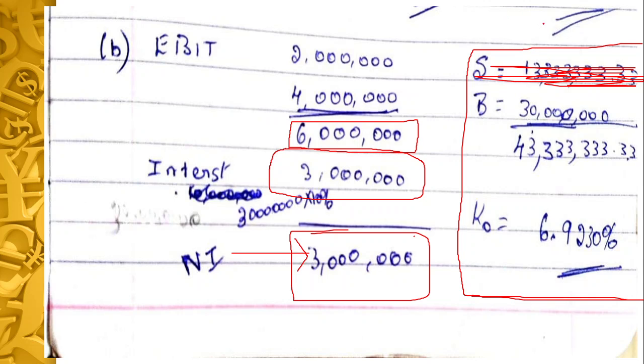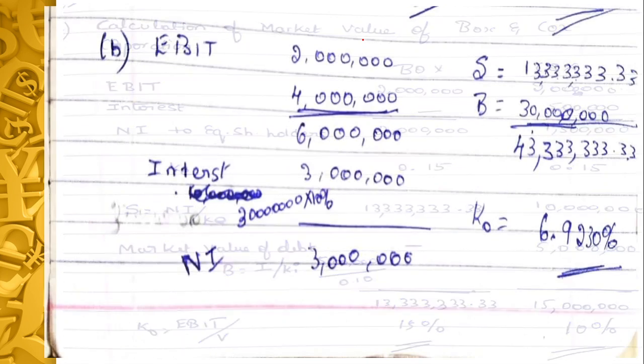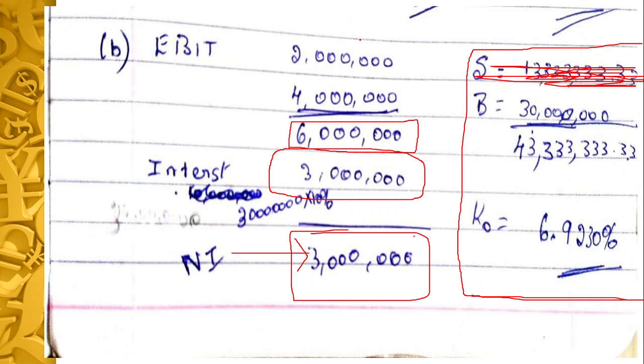That definitely cannot be the total market value of the equity. So the total market value would be NI divided by KE. So 3 million divided by 0.15.